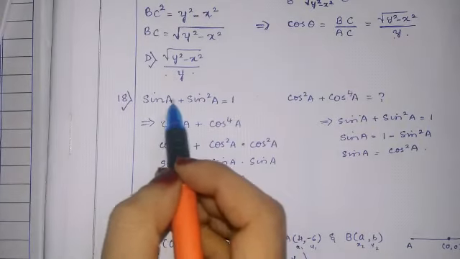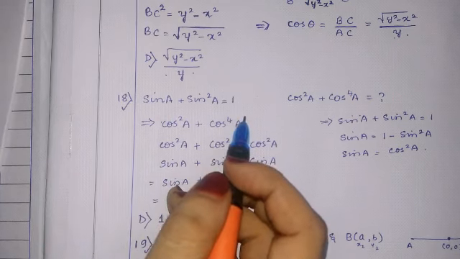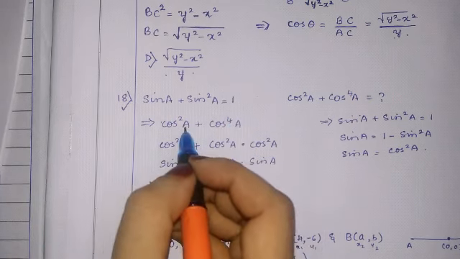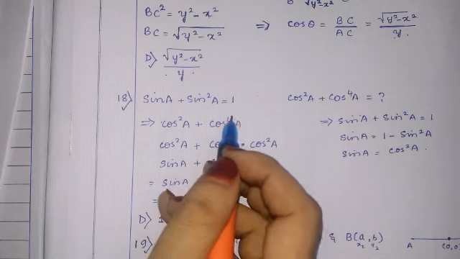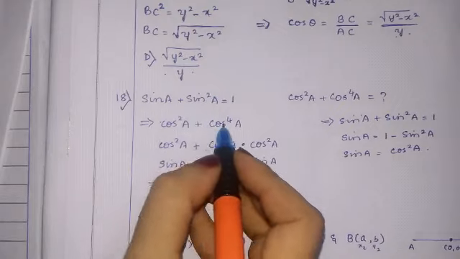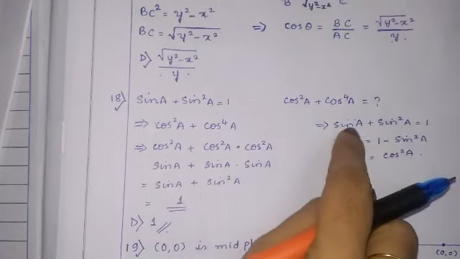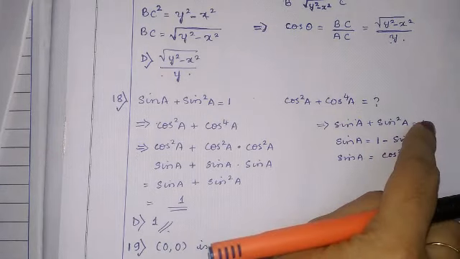We will write what they have given. Sin A plus sin square A is 1. What we have to find is cos square A plus cos to the power 4A. We know they have given sin A plus sin square A is equal to 1.